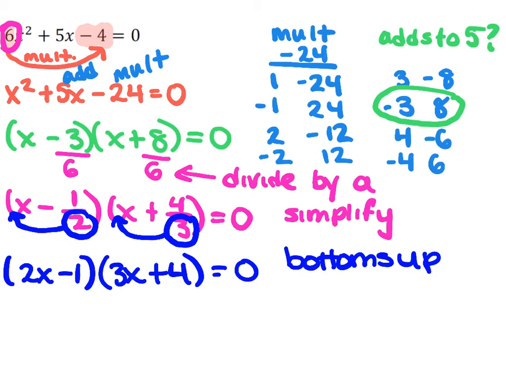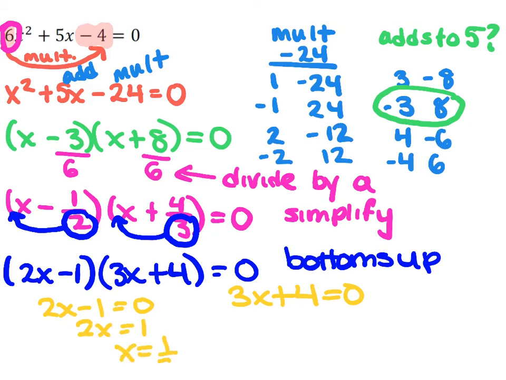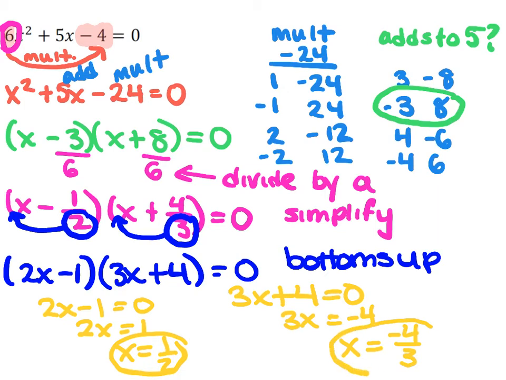The last part is to solve. So you could set 2x minus 1 equals 0 and 3x plus 4 equals 0. If I solve, you'll get 2x equals 1, which gives you x equals 1/2 as one answer, and 3x equals negative 4, so x equals negative 4 over 3 as your other answer.